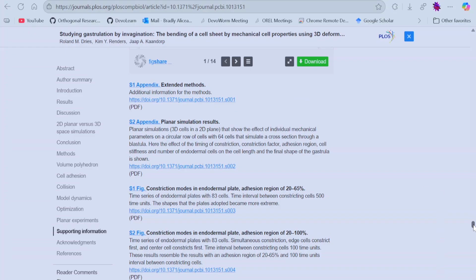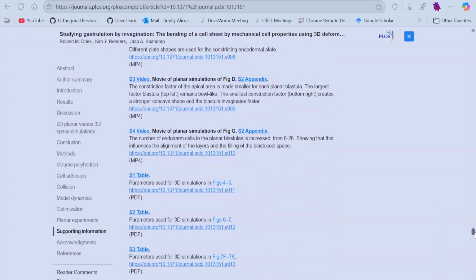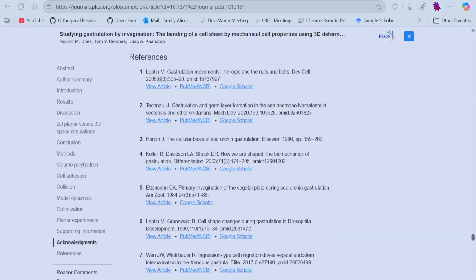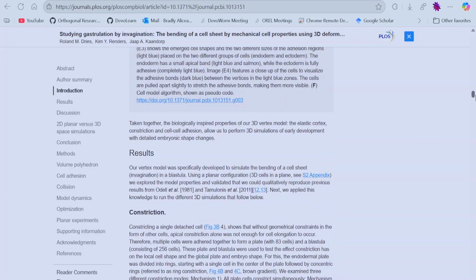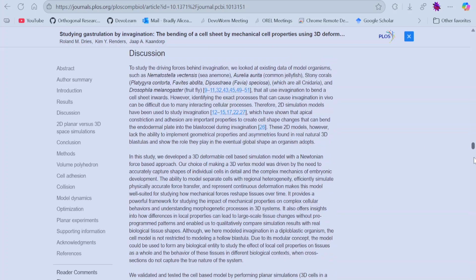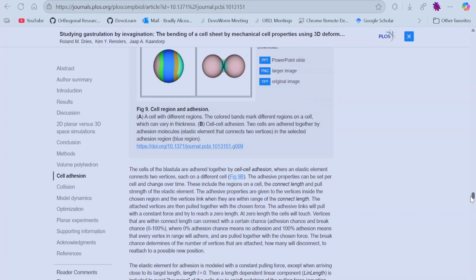Yes, it would be nice to have some sort of standard. I don't see any information on the environment other than they said our vertex model was specifically developed to simulate the bending of a cell sheet in a blastula. So they developed this, I guess, homebrewed. Looks like it.